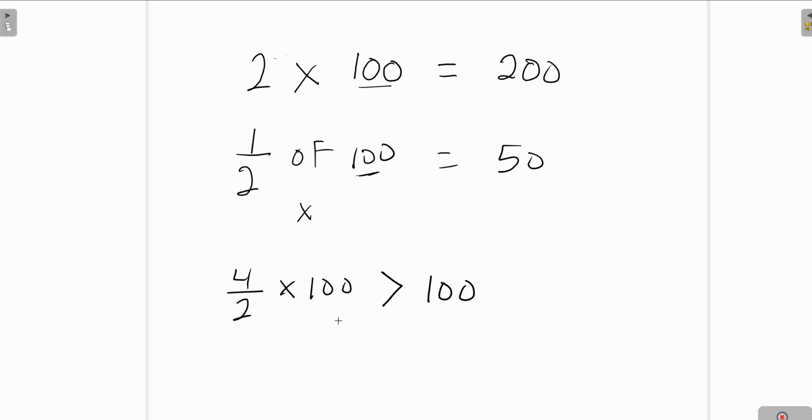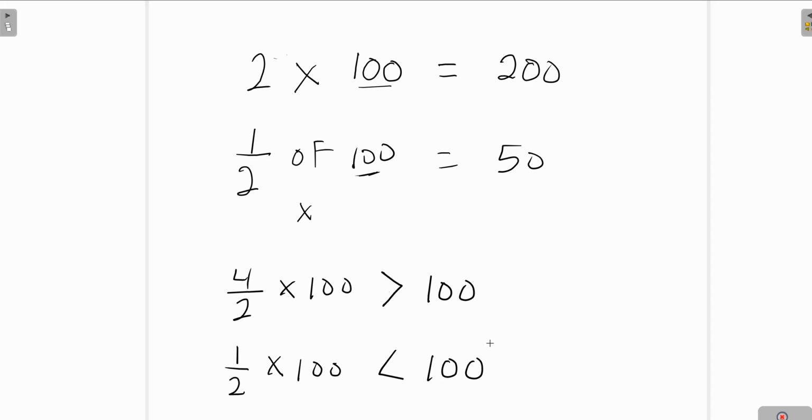The rule is, when you multiply any number by another number bigger than 1, that number is going to increase. And this is the example right here. And when you multiply a number by a fraction less than 1, like for example 1/2 times 100, the result is less than 100.